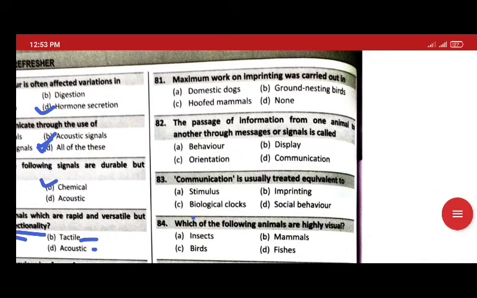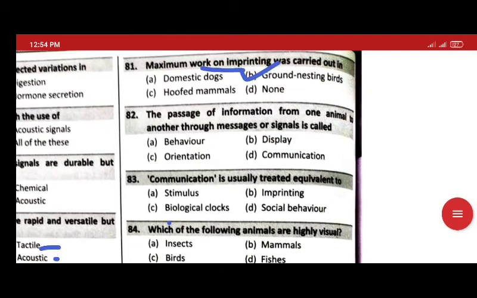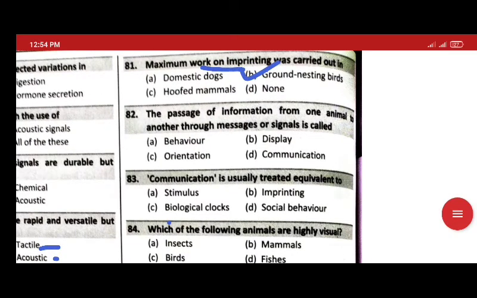Now maximum work on imprinting was carried out in, so here it is given on imprinting. So work on imprinting, among these is the ground nesting bird. So the ground nesting bird will perform all work by itself and collect different materials to make its nest. The passing of information from one animal to another through messages or signals.